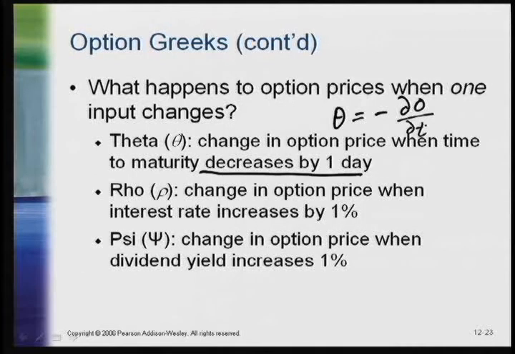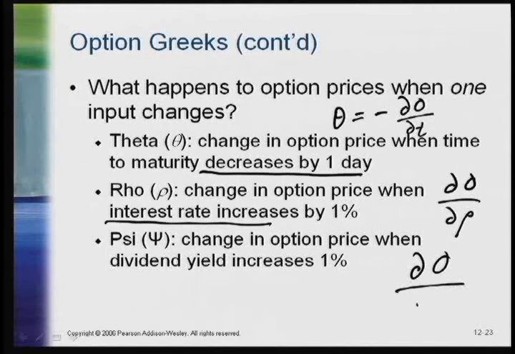Rho and psi are now defined in terms of option prices where the interest rate changes, that would be dO d rho, or where psi is where the dividend changes, dO d delta. And what one finds is that you always have to be a little careful about the units. The three measures you always have to be careful about in using are vega, rho, and psi.